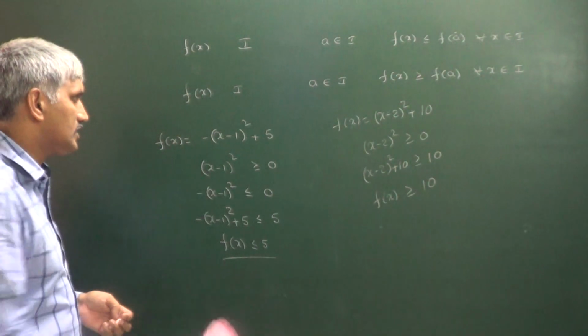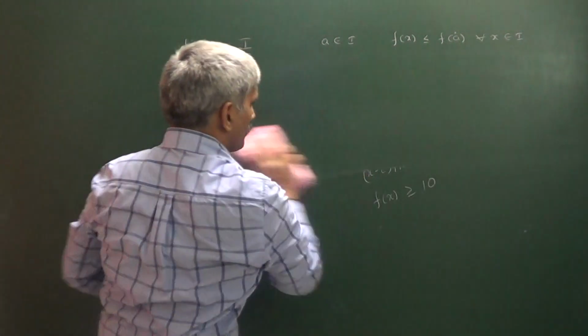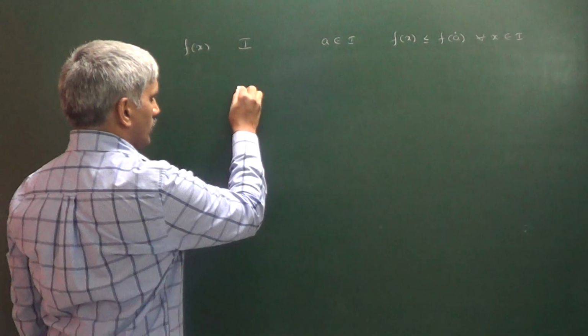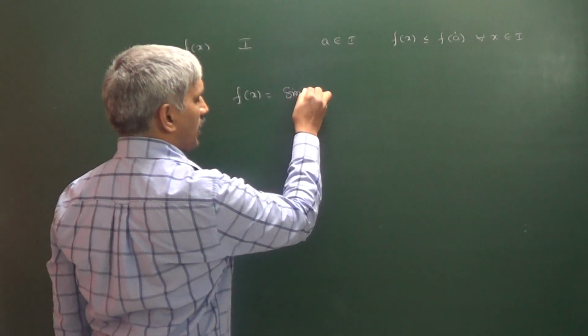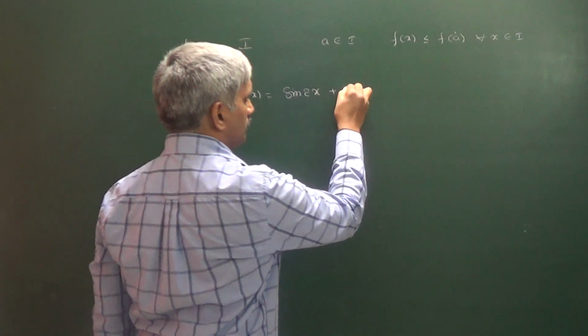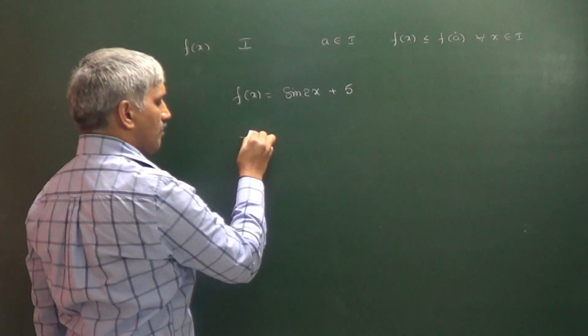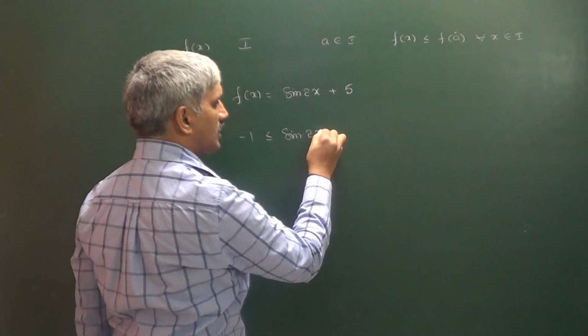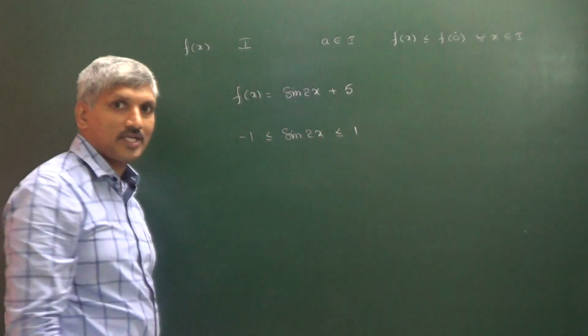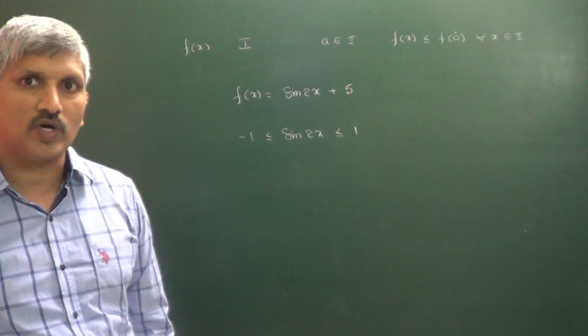Now we have another example here. I am taking f of x is equal to sine 2x plus 5. Here we know that minus 1 is less than or equal to sine 2x, which is less than or equal to 1; sine 2x always lies between minus 1 and plus 1.